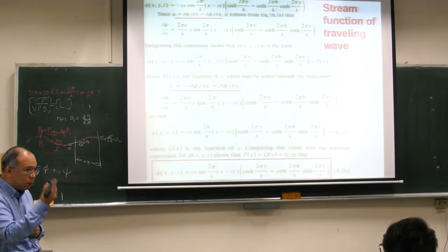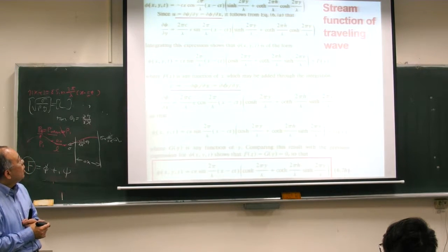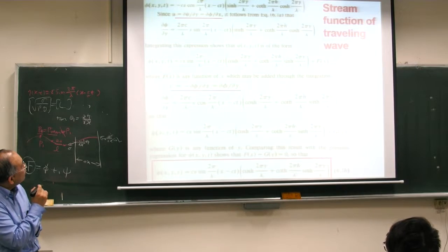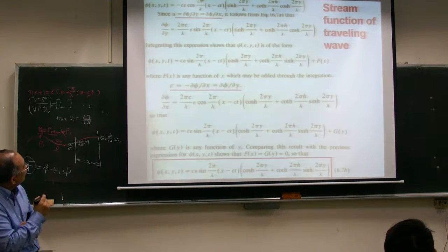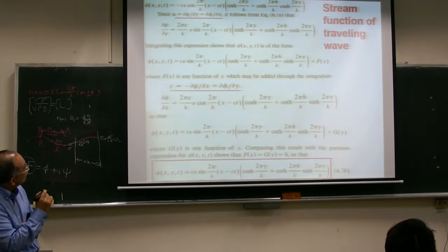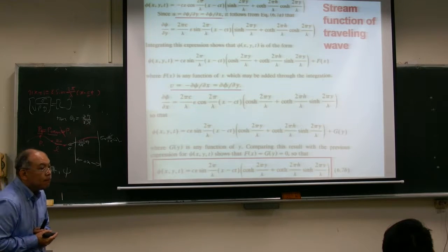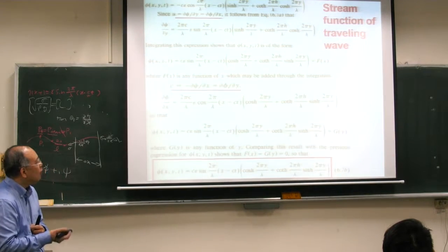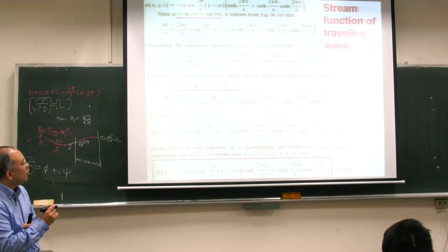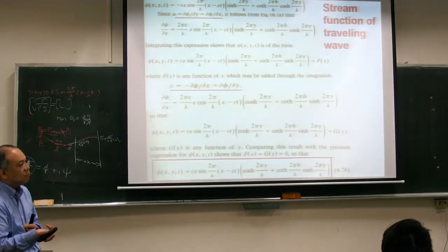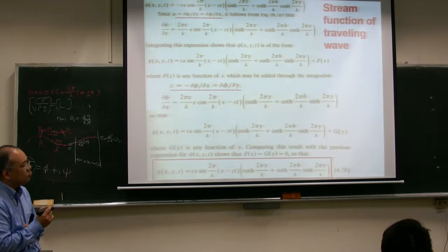When you compare the result from this relationship with the result from that relationship, they are exactly the same: hypercosine, hypercotangent, hypersine. The only difference is the integration constant. One is a function of x, the other a function of y, so I can assume this integration constant is equal to 0.